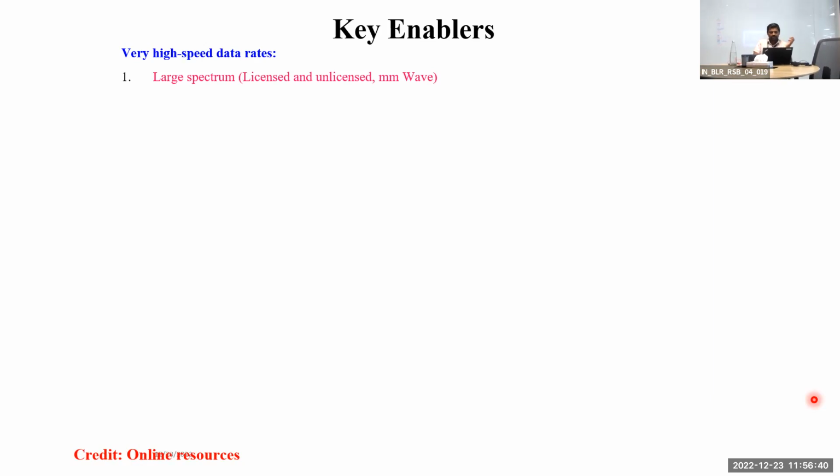Okay, so everybody talks about 5G, right? So what are all the key enablers? I will just brief about it. There are many key enablers, out of which I shortlisted a few and highlighted them here. One is very high speed data rates. We have a huge amount of spectrum, so obviously the first checkbox is done.